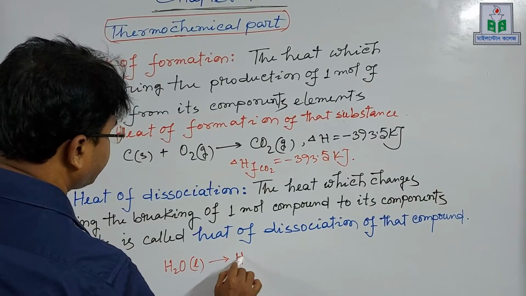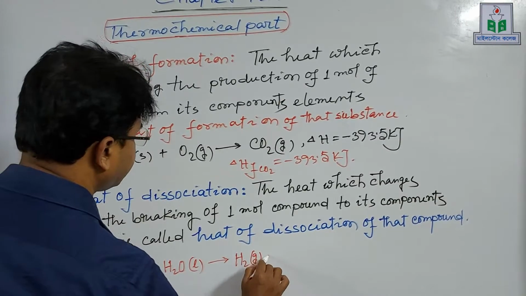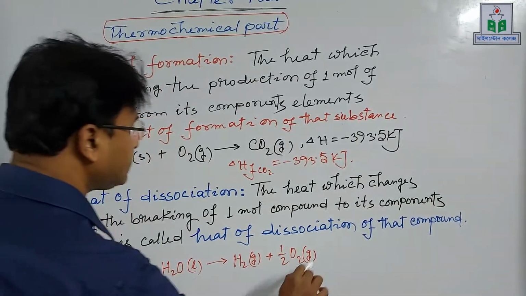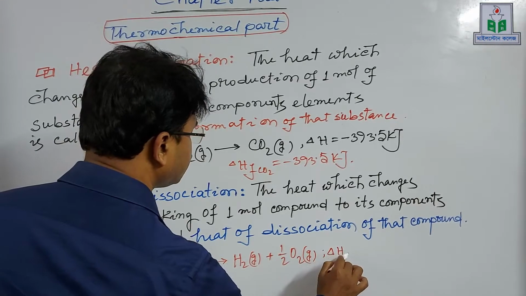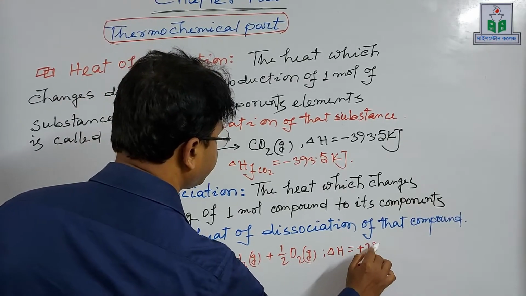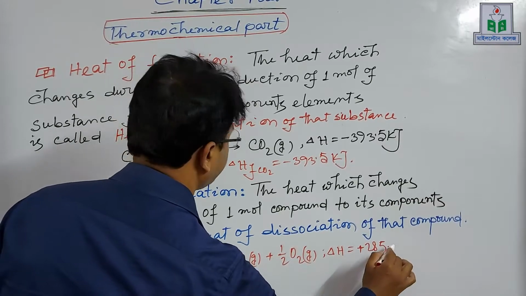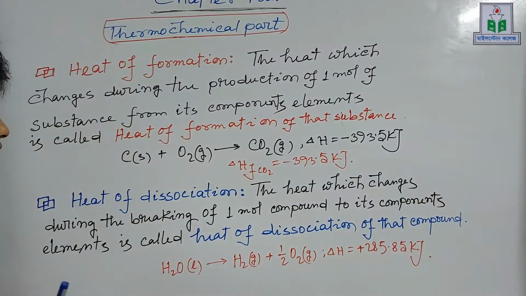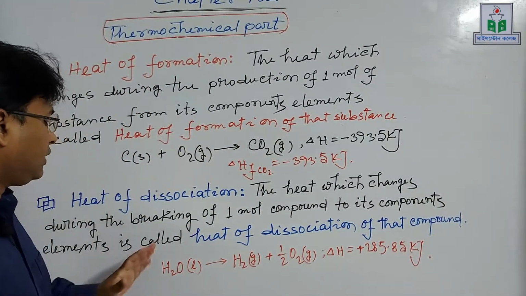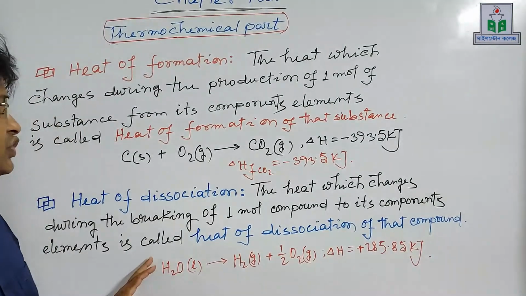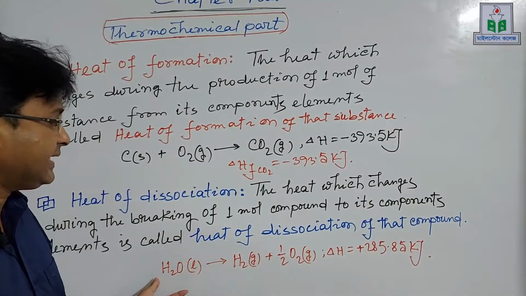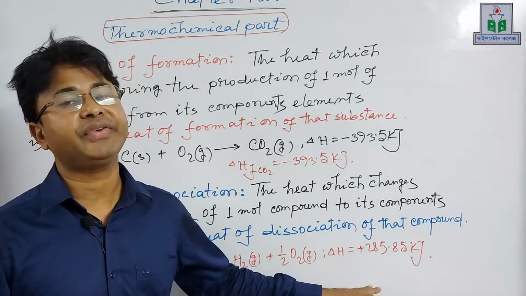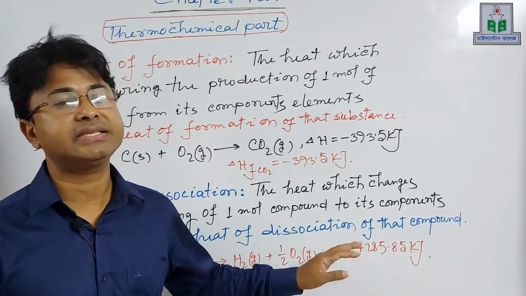It breaks to produce hydrogen gas and also oxygen gas, and in this case delta H equals plus 285.85 kilojoule. Dear students, I would like to say that when 1 mole of compound breaks to produce its component elements, that time the change of heat is known as heat of dissociation.